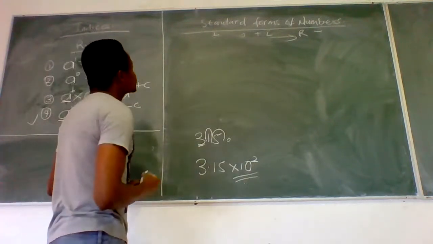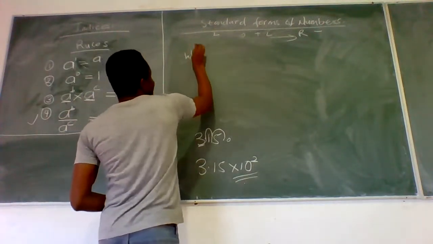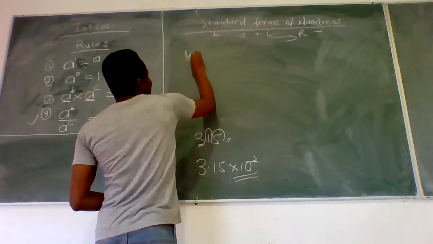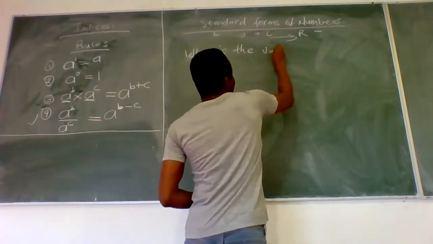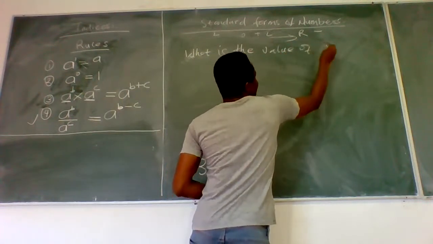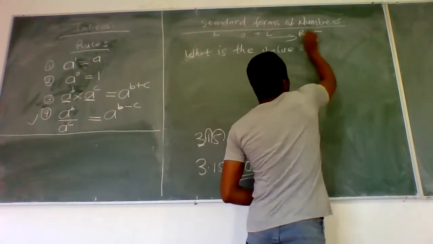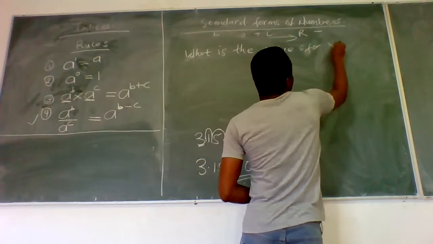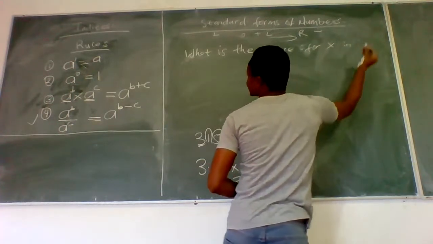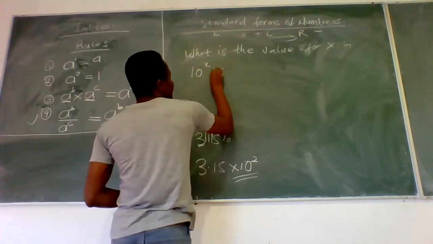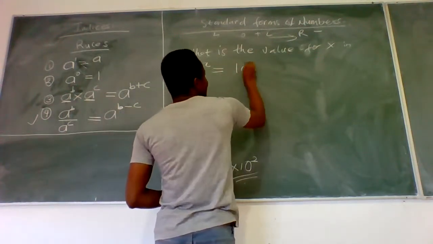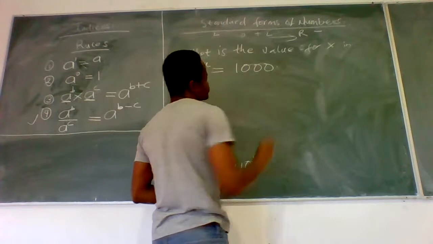Okay, so let me ask you, what is the value of x in the expression? Let's say you have 10 exponent x is equal to, let's say, 1000.